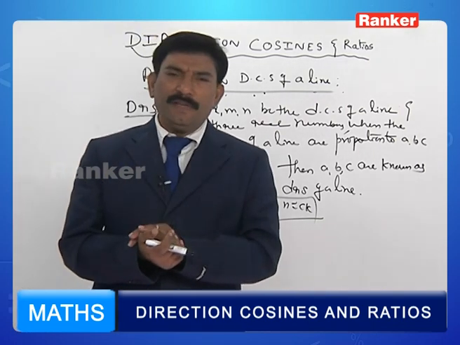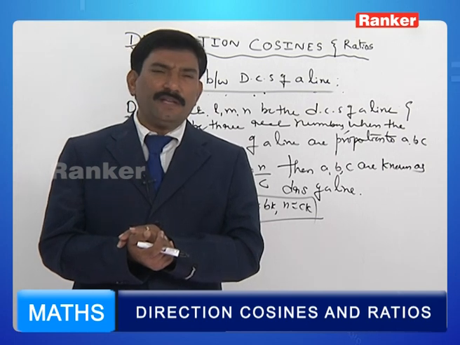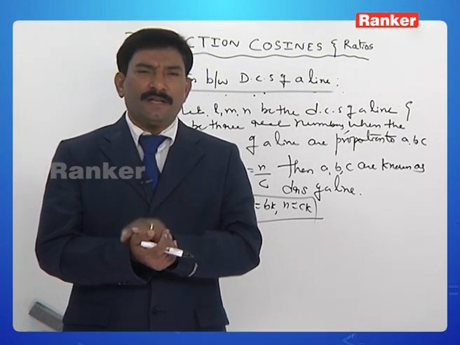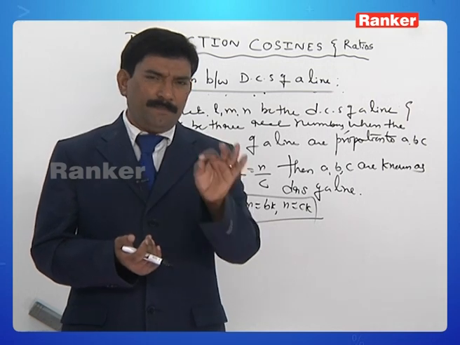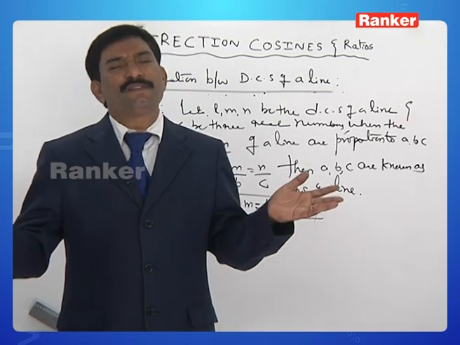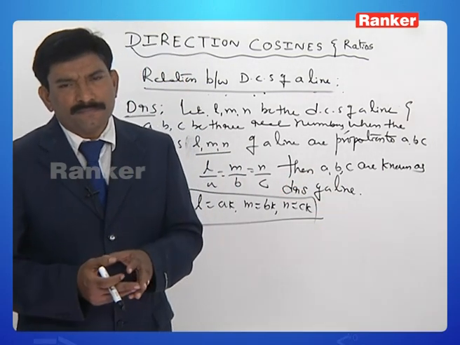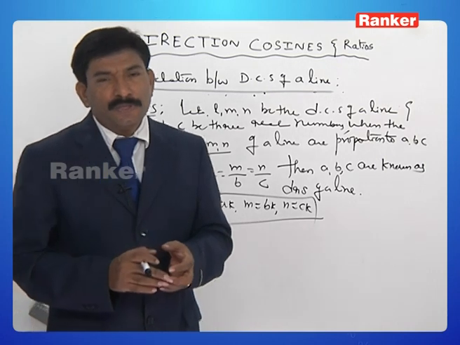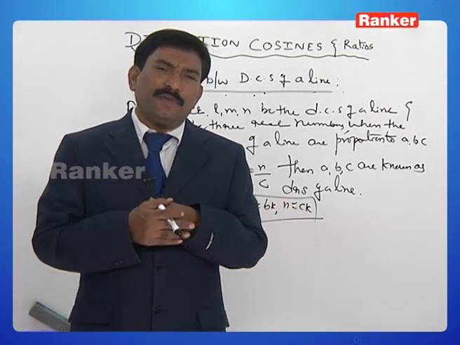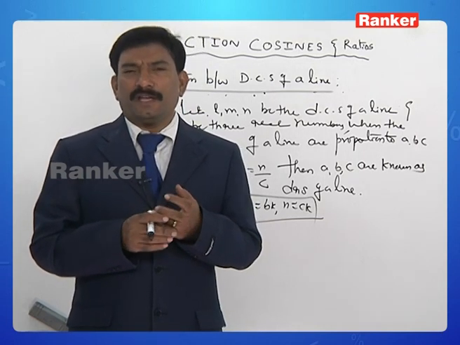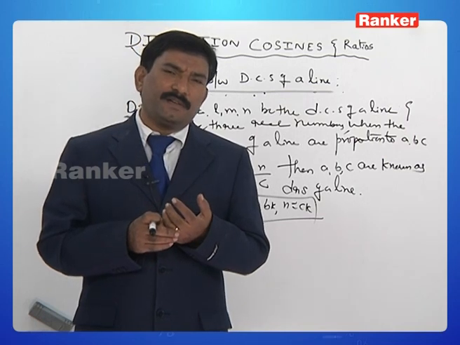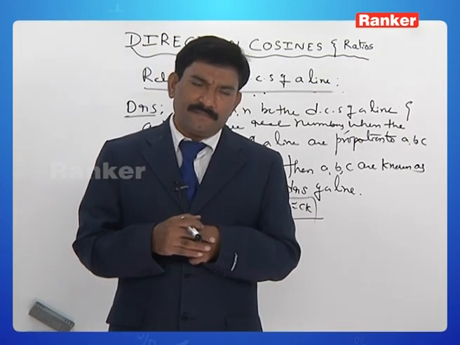When A, B, C are the DRs of a line, then A by K, B by K, C by K are also DRs of a line, where K belongs to R. So when A, B, C are the DRs of a line, then KA, KB, KC or A by K, B by K, C by K are also DRs of a line.